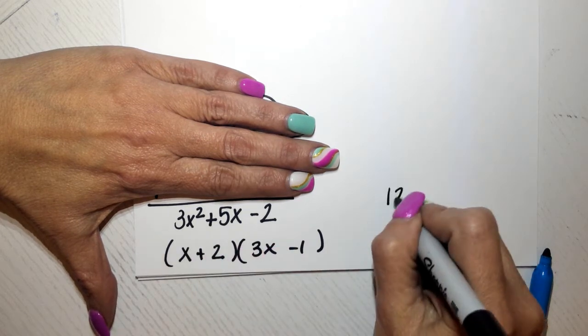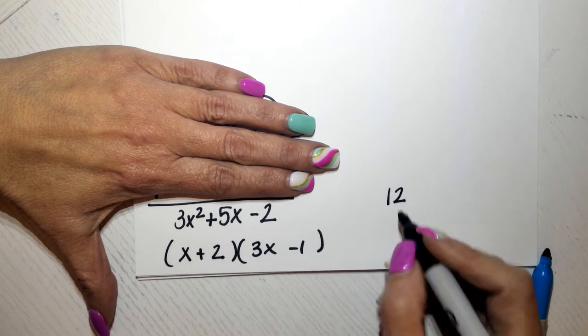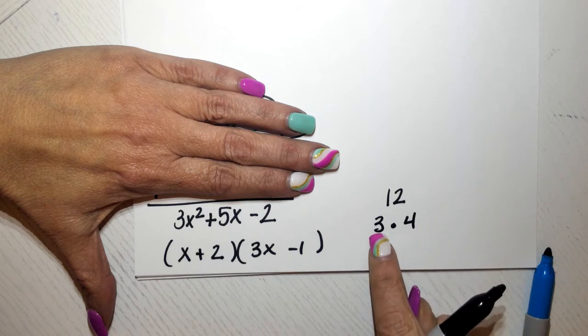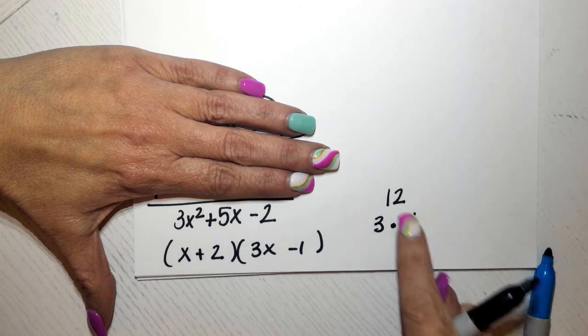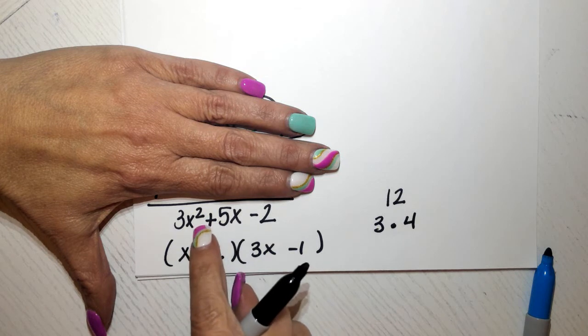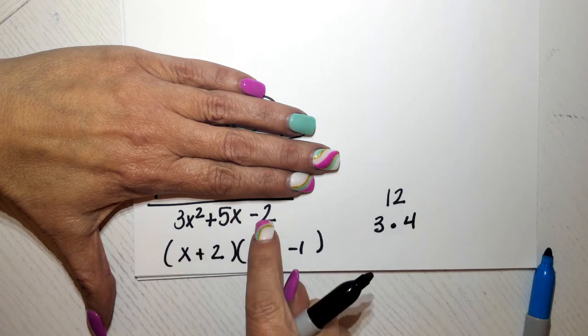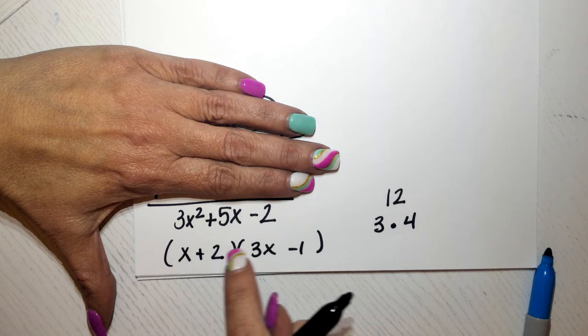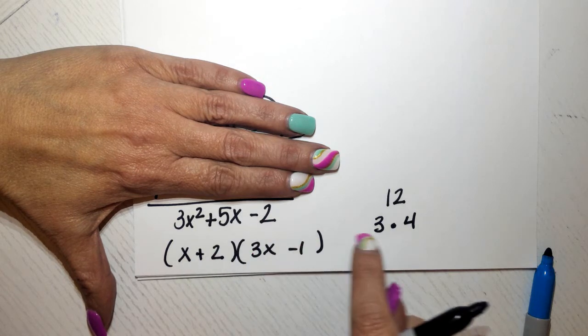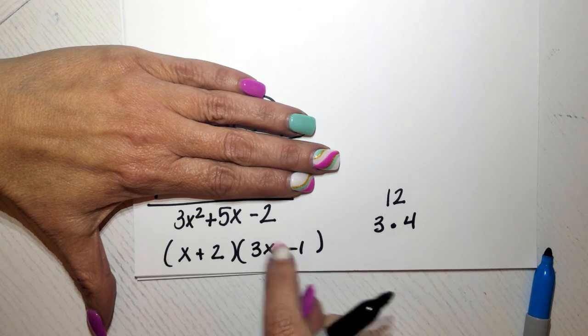Think of it like this. If I give you the number 12, what are the factors of 12? Well, you could say it's 3 times 4. These are the factors of 12. What are the factors of 3x squared plus 5x minus 2? They are x plus 2 times 3x minus 1. You are factoring this.